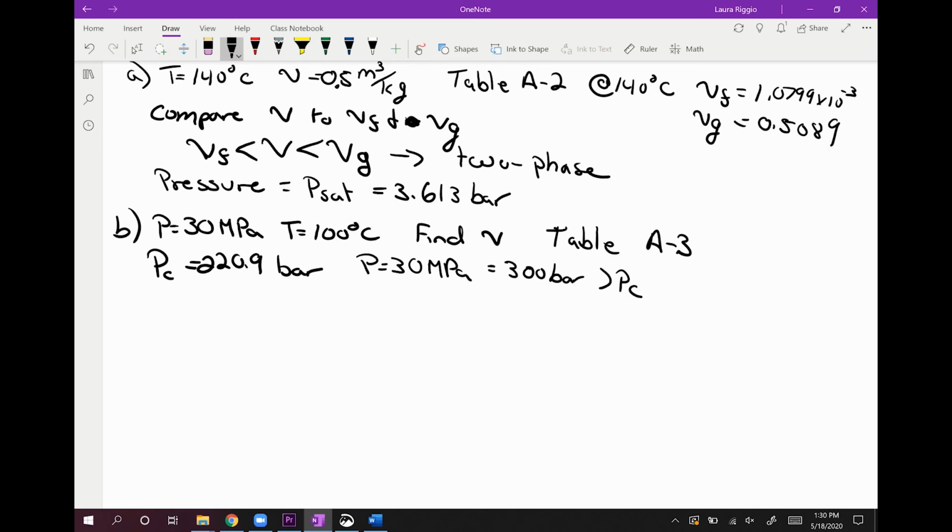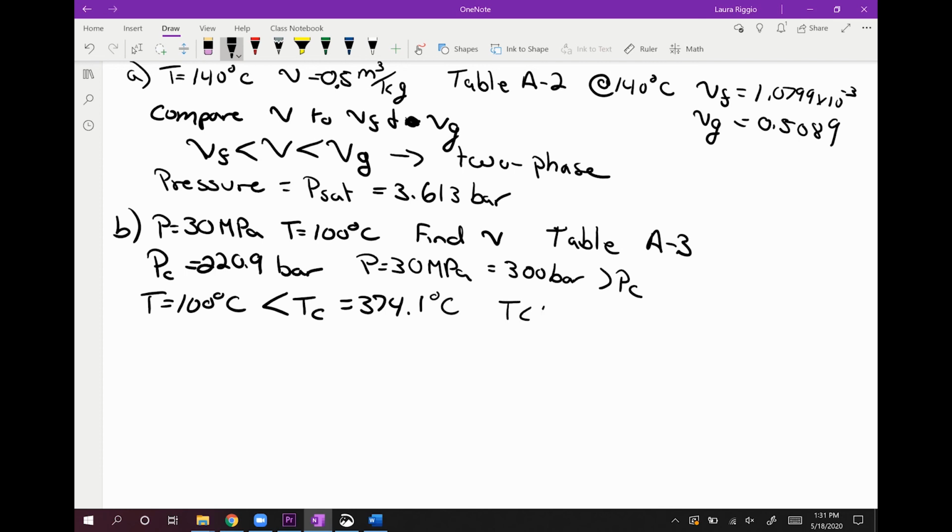So now I know I am either a compressed liquid or a superheated vapor, so I want to look at my temperature. Our temperature is equal to 100 degrees Celsius, which happens to be less than our critical temperature, which is 374.1 degrees Celsius.